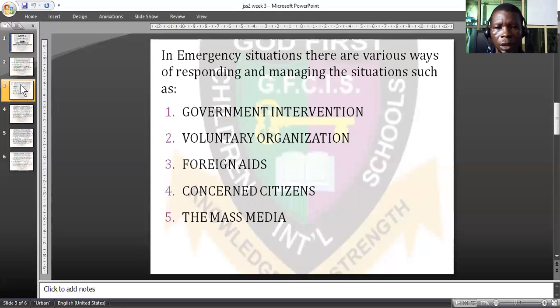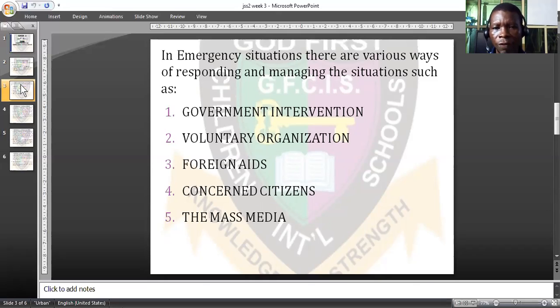We have defined emergency situation in the first lecture. Today, let us continue on it. There are various ways of responding and managing the situation, such as one, government intervention; two, voluntary organization; three, foreign aids; four, concerned citizens; and five, the mass media.